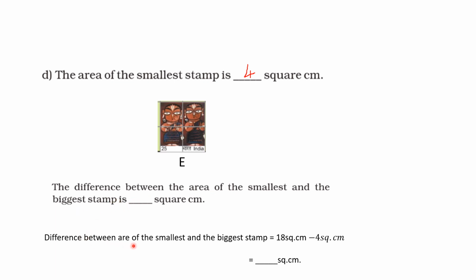What is the area of the biggest stamp? 18 square centimeter minus 4 square centimeter. 18 minus 4, subtraction you can do it yourself. So 18 minus 4, that is 14 square centimeter. It's clear?